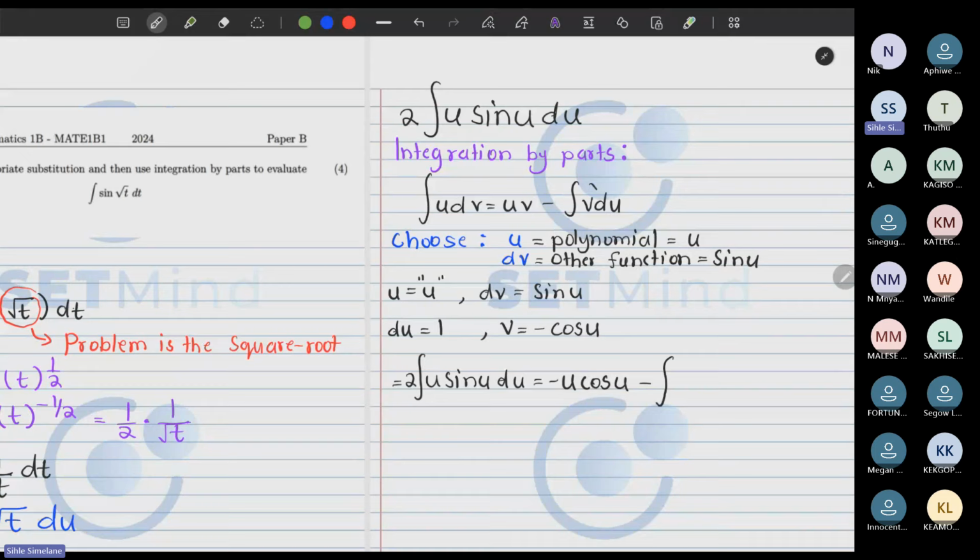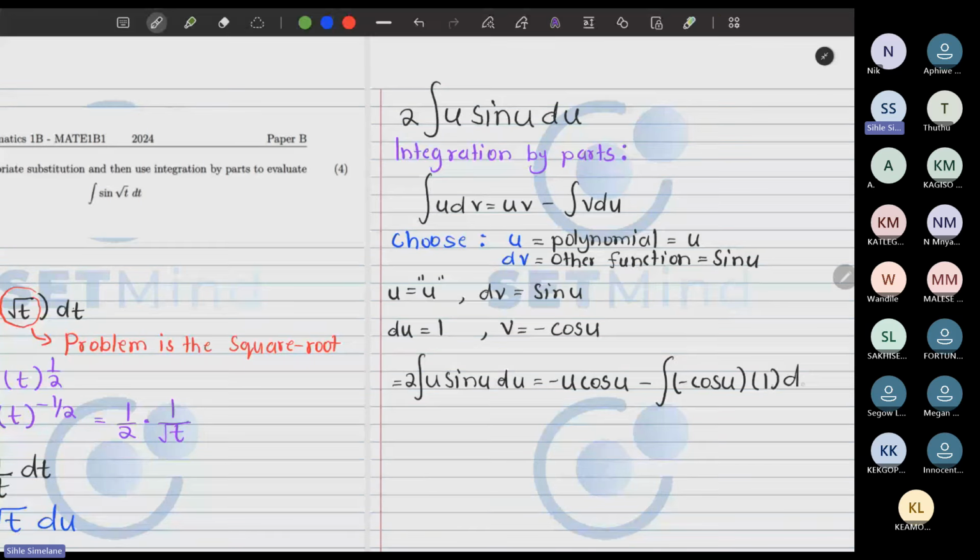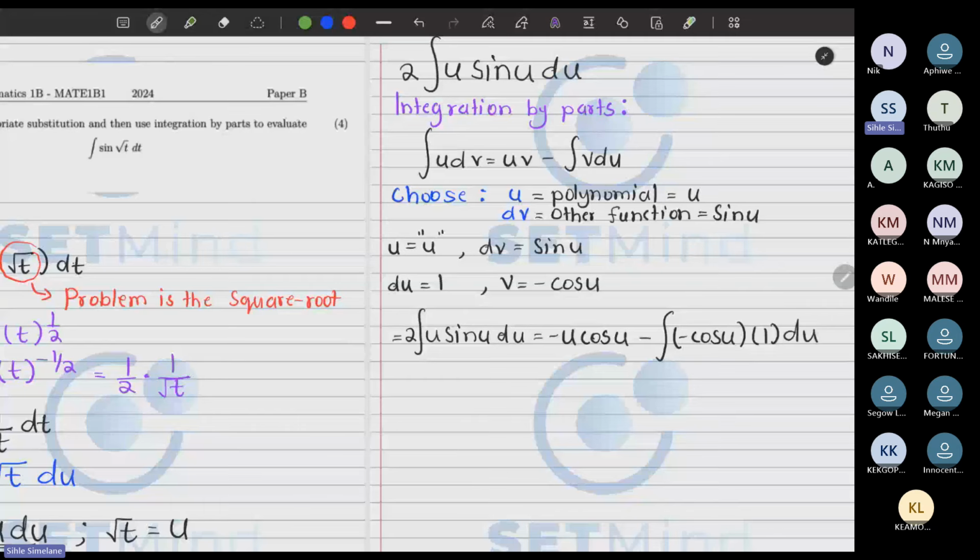And then minus the integral of, if you observe carefully, v, which is minus cos, so we'll have minus cos of u multiplied by du, which is 1, and then du. So this should all be multiplied by 2.